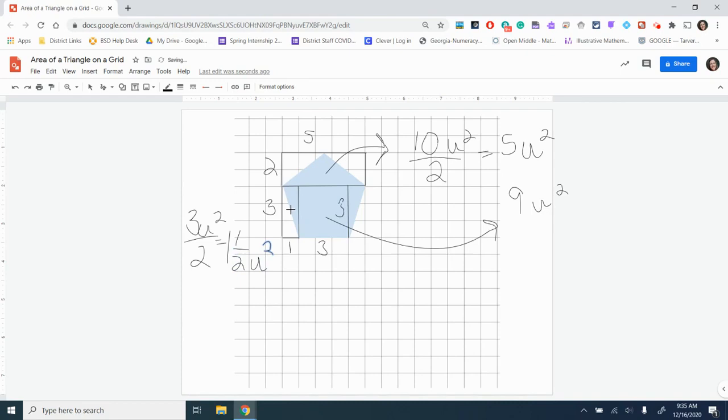Now, what do you notice about this triangle and this triangle? Well, they're exactly the same size, right? So we have 3 by 1, and if we were to come over here, we would also have 1, 2, 3 by 1 as the dimensions of that rectangle. And the triangle takes up half the area of the rectangle. So the area of this would also be 1.5.